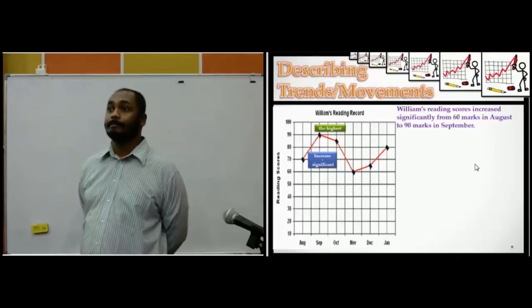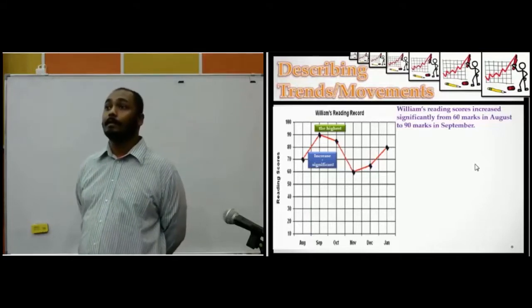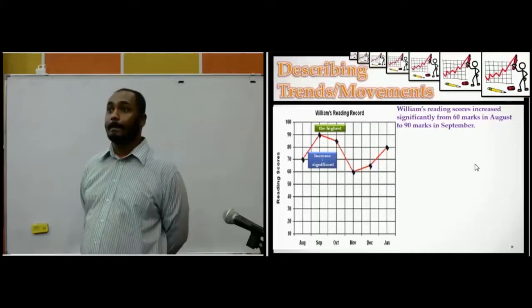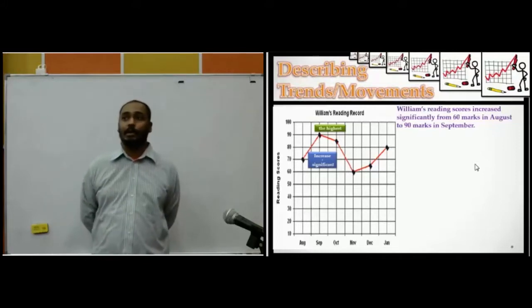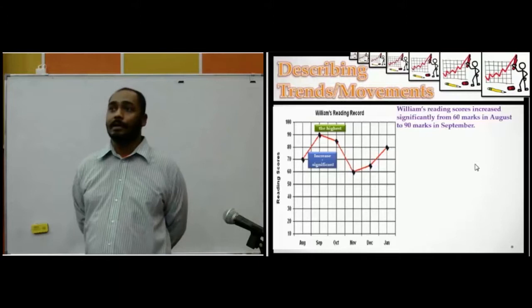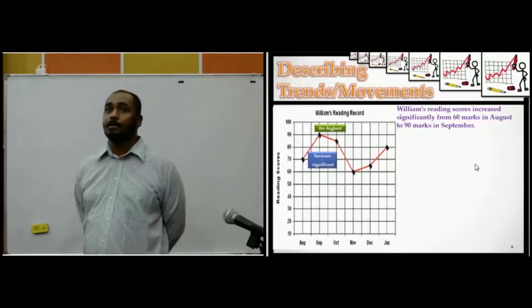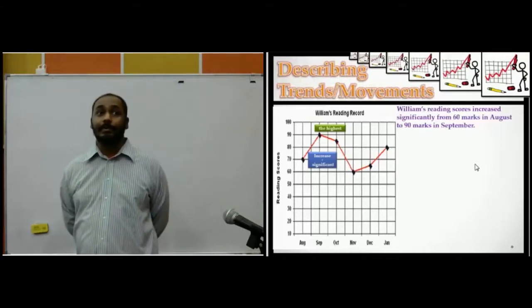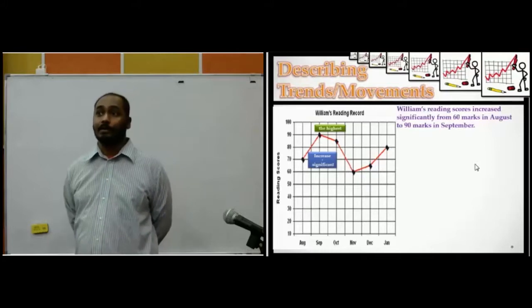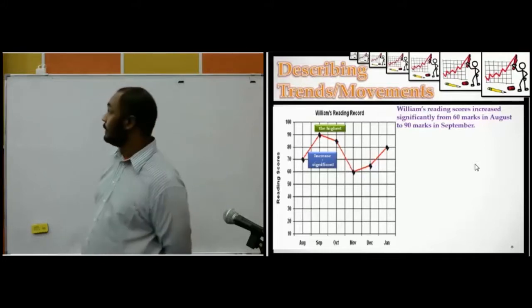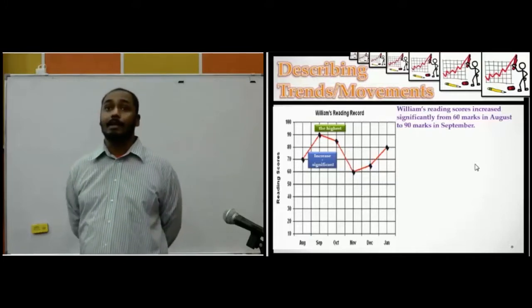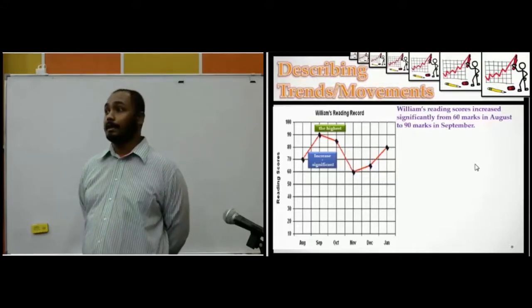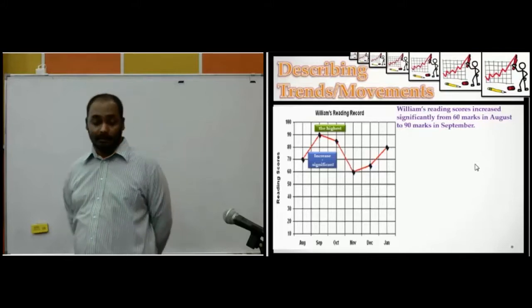Ashraf, verb or noun? Verb. So how do you identify whether the sentence structure is verb phrased or noun phrased? You look at the trend word, how the trend word functions in that sentence. Here it is increased significantly, so it's a verb phrase sentence.